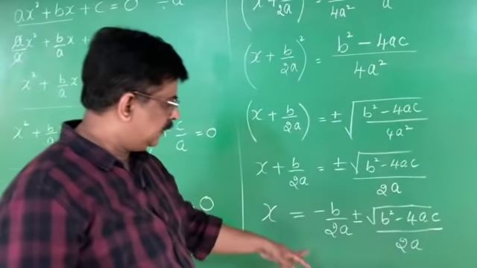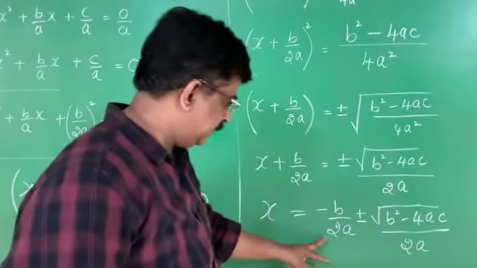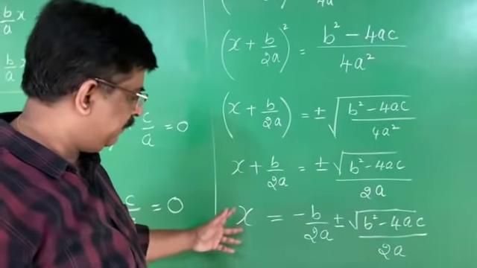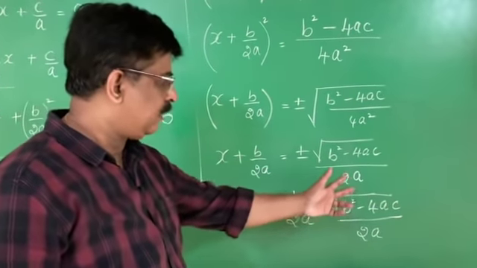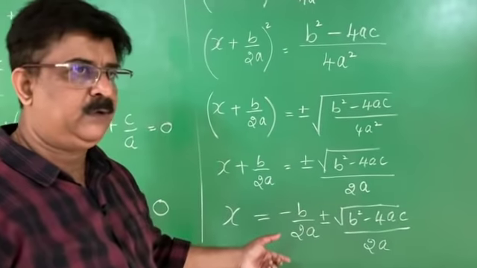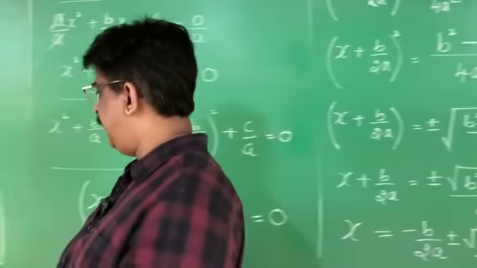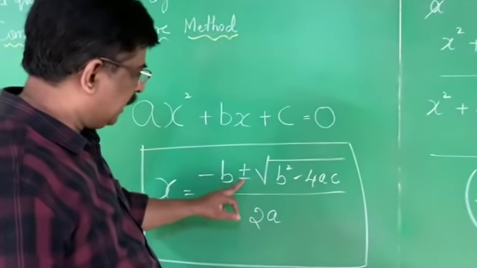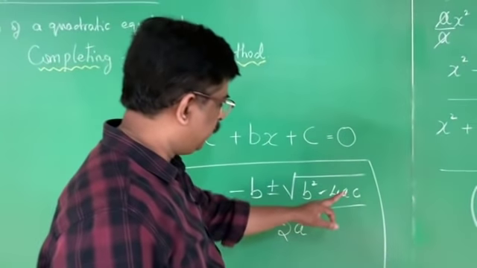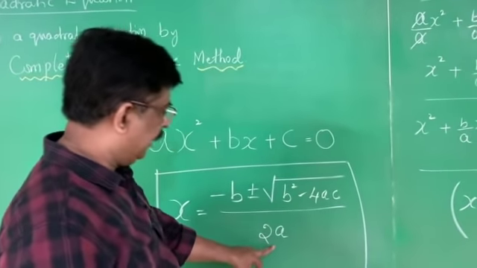Then transfer, you get a common denominator. Therefore the formula becomes x is equal to minus b plus or minus square root of b square minus 4ac whole divided by 2a.